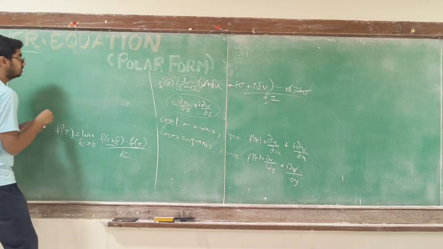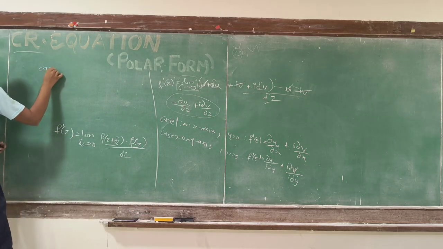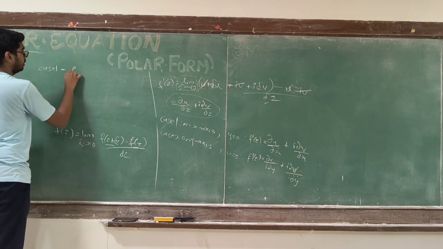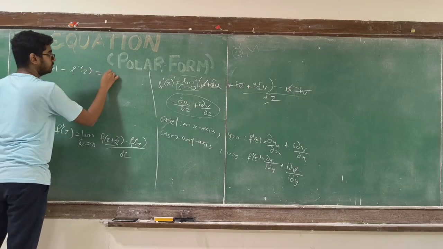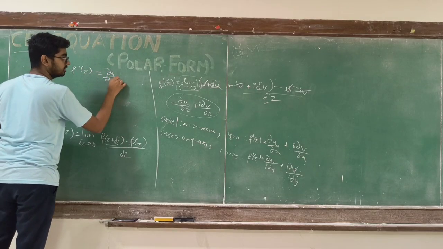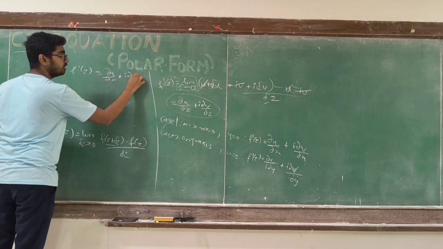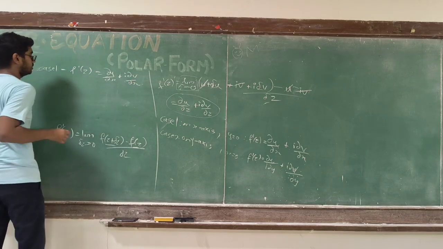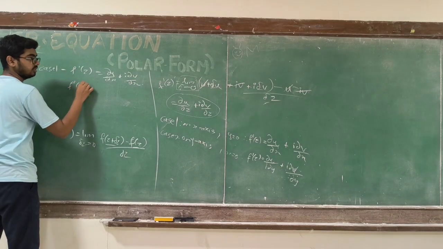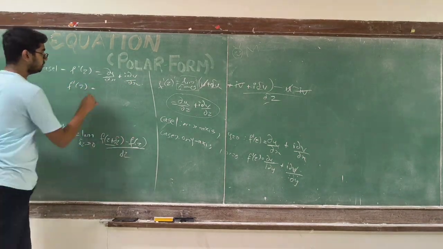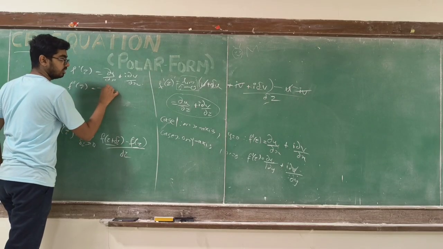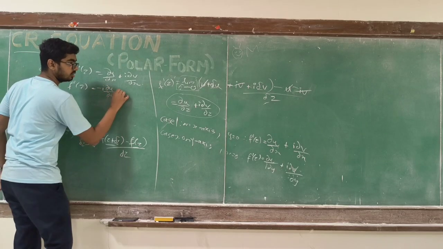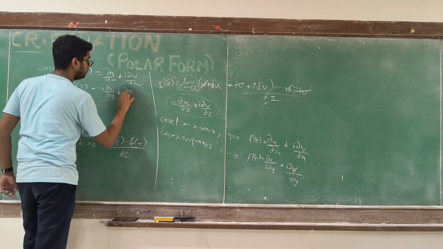Now furthermore, case 1 will become f dash of z equals del u by del x plus i del v by del x. For case 2, simplifying that, we will get minus i del u by del y plus del v by del y.